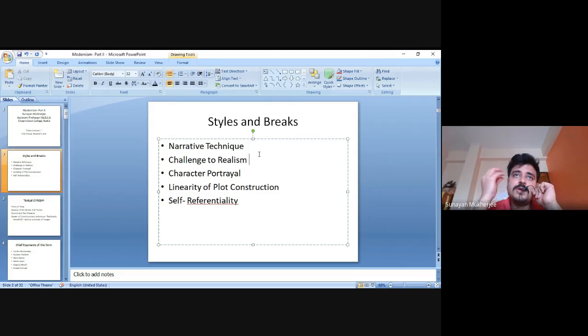And then if you read Dostoevsky's Crime and Punishment, or any novel by Joseph Conrad, you would see a difference in the portrayal of character psychology.